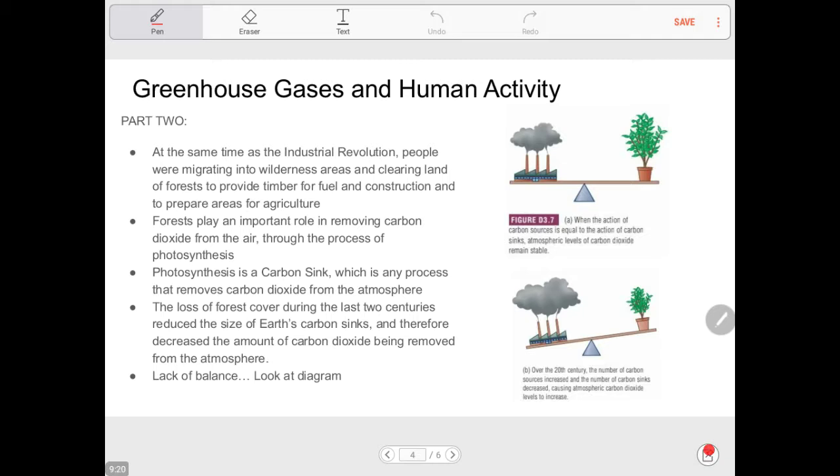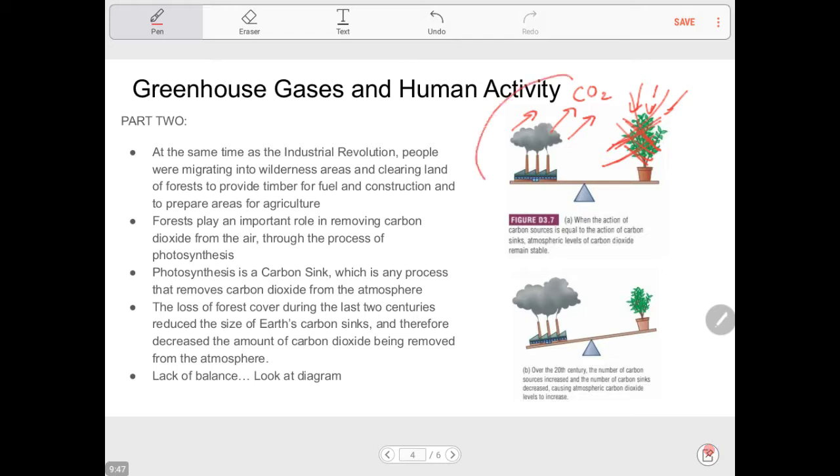So on one hand, we are putting more CO2 into the air, and at the same time, we are eliminating the one thing that could potentially take in that CO2. We're getting rid of that process. So do you see how we're increasing greenhouse gas levels in 2 ways.